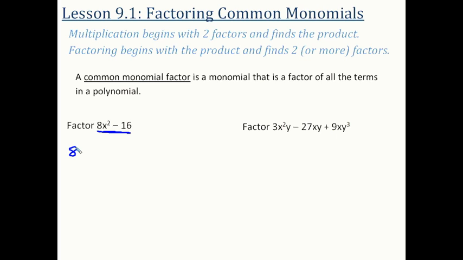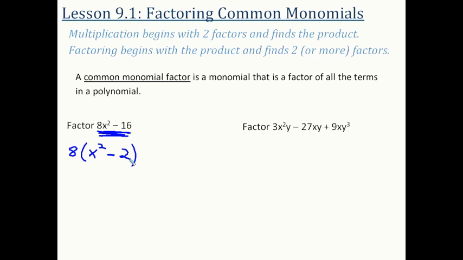Inside the parentheses goes what we would multiply by 8 to get 8x squared minus 16. 8 times what gives me 8x squared? That would be x squared. Then a minus sign, and 8 times what gives me 16? That's 2. And so that is factored.